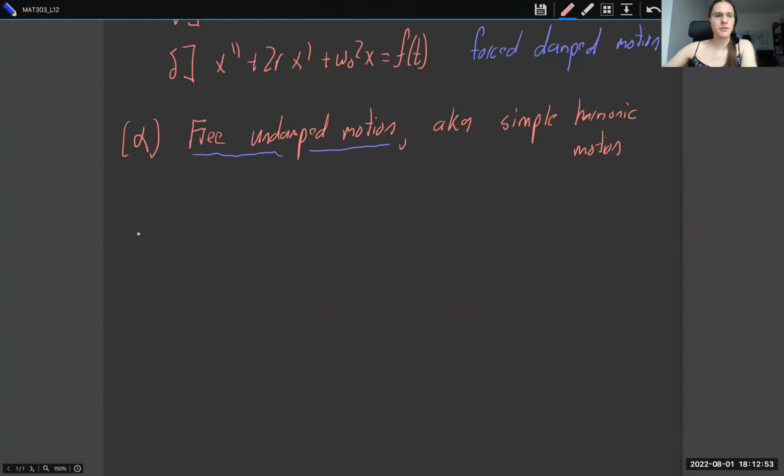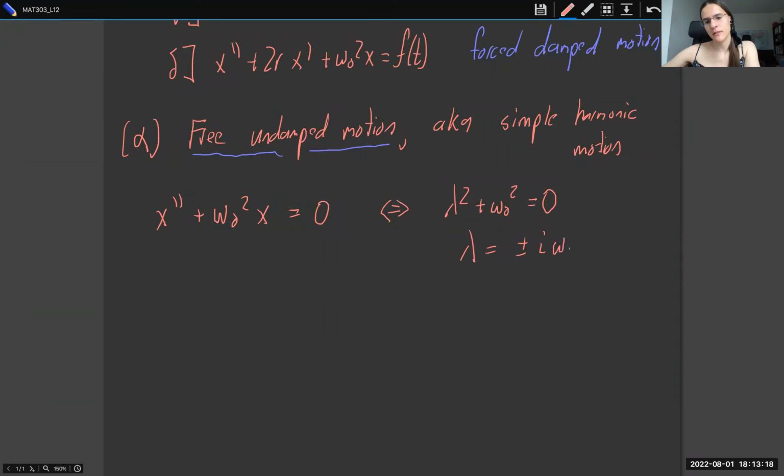So in this case, our differential equation is of the form x prime prime plus omega naught squared x is equal to 0. And so this has an associated characteristic equation, which is lambda squared plus omega naught squared is equal to 0.